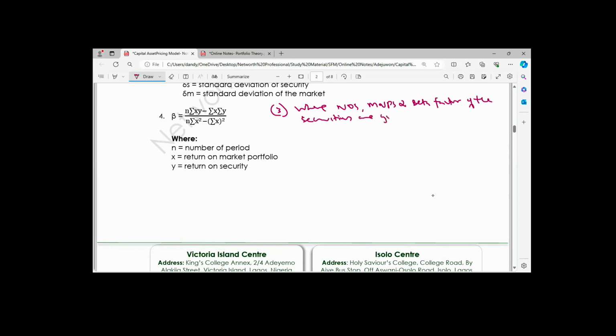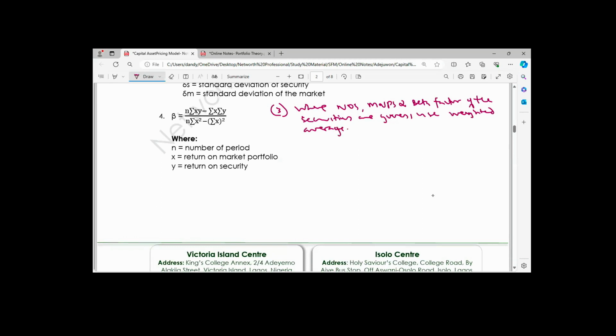Then in this case, you are supposed to use the weighted average.